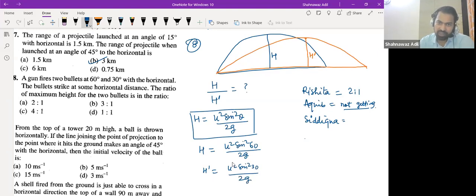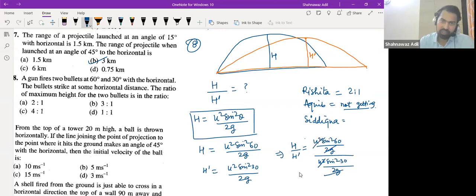If we divide these two, h by h prime, then 2g cancels and u square cancels. 3:1. Okay, good. So Siddhika is getting 3:1.